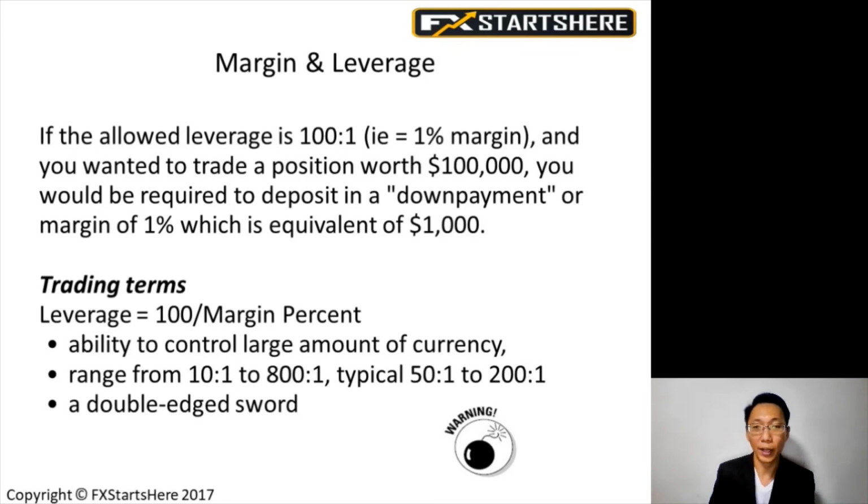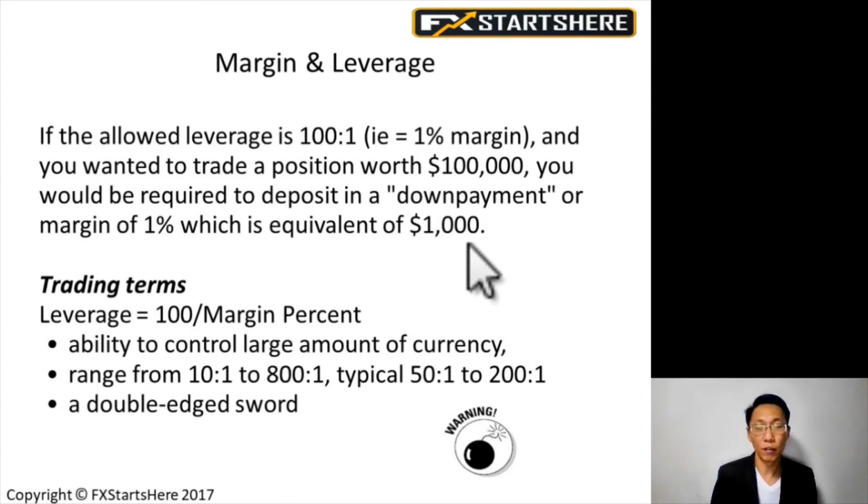For example, if the allowed leverage is 100:1, this means that it's a 1% margin, and you wanted to trade a position worth $100,000, so that's one standard lot. You would be required to put down a margin of 1%, which is equivalent to $1,000.